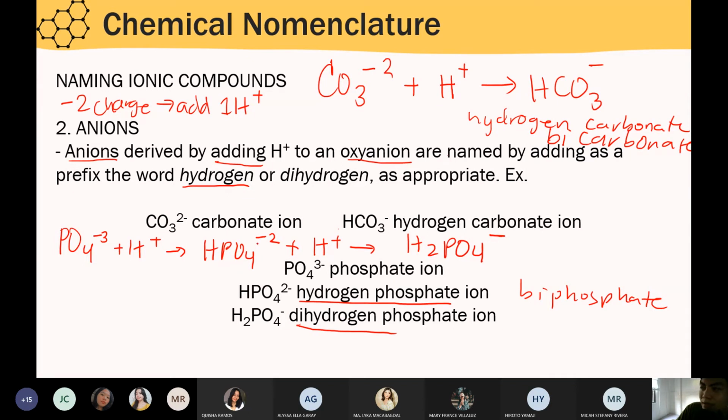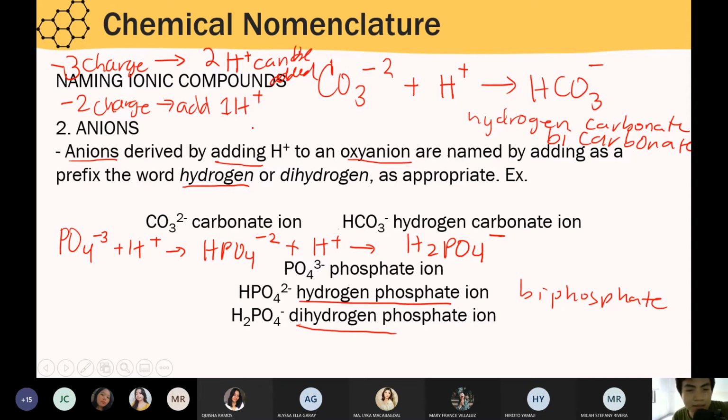So again, if your charge is -2, you can only add up to 1 hydrogen. However, if your charge is -3, you can add up to 2 hydrogens. So kapag -3 in charge, you can add up to 2 hydrogens. So that means you can have a biphosphate and a dihydrogen phosphate. However, if -2 yan, such as carbonates, sulfates, up to 1 hydrogen lang.